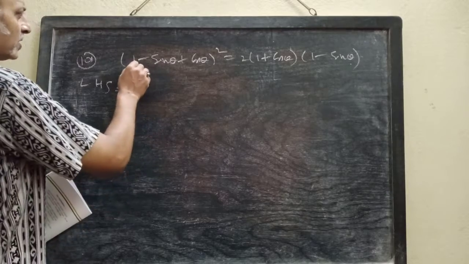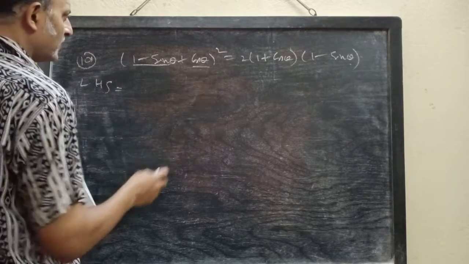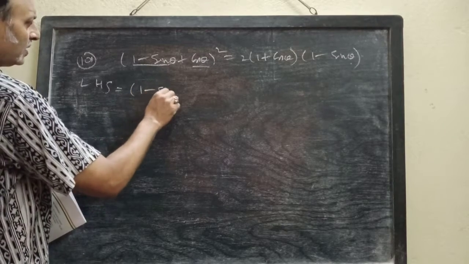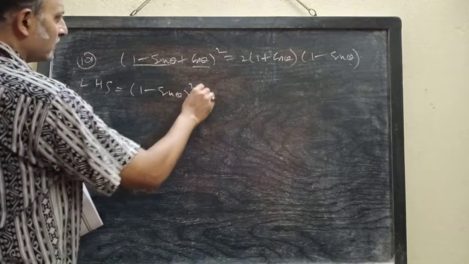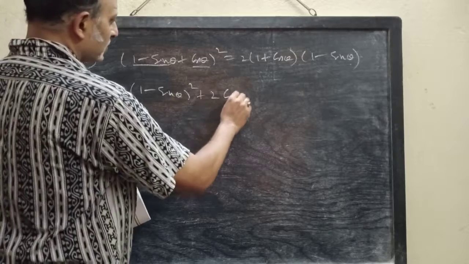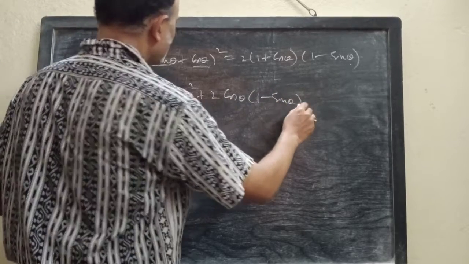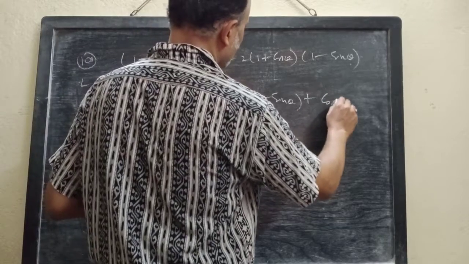Split this in this way. This is A, this is B. Now split this as A plus B whole square. Now you have 1 minus sin theta whole square plus 2 cos theta into 1 minus sin theta plus cos square theta.